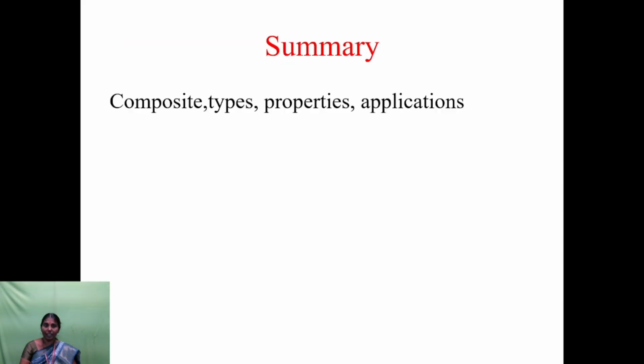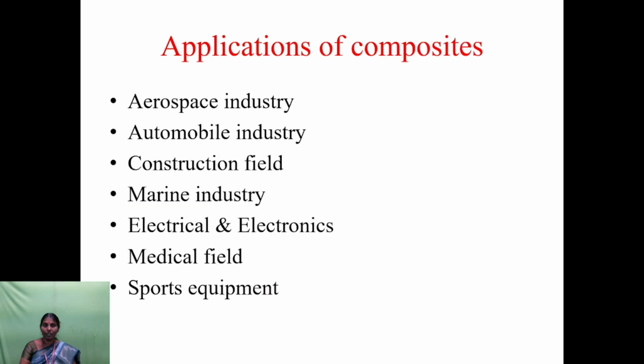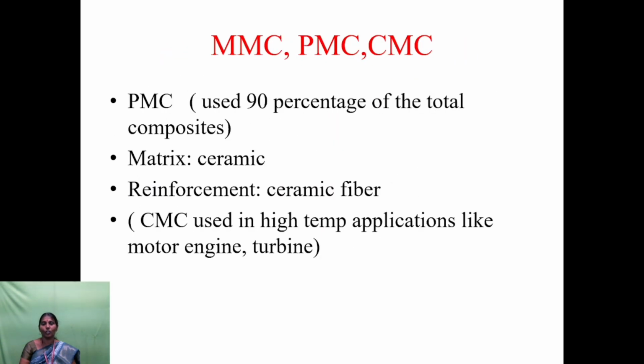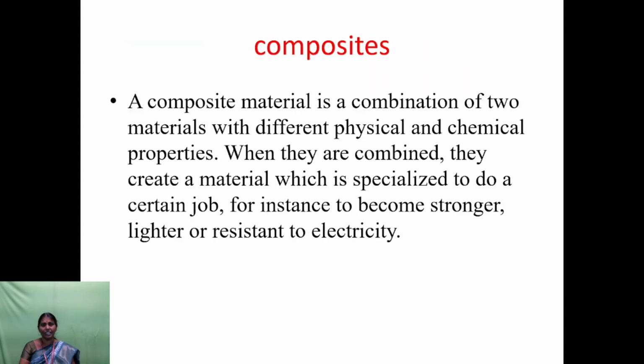So, summary. Up to now we are clear about composites. Composite means the combination of two or more materials with different physical and chemical properties.